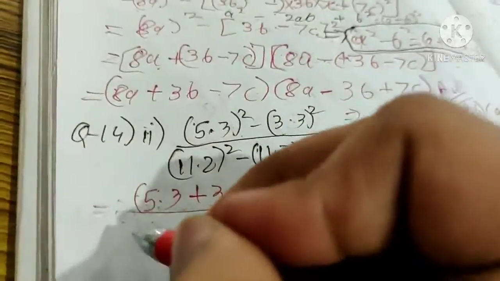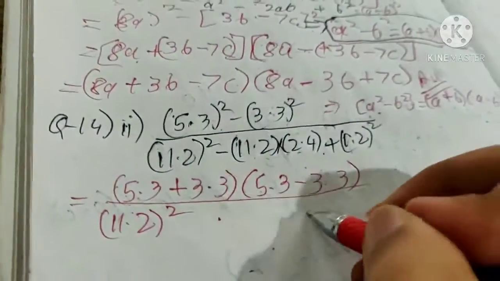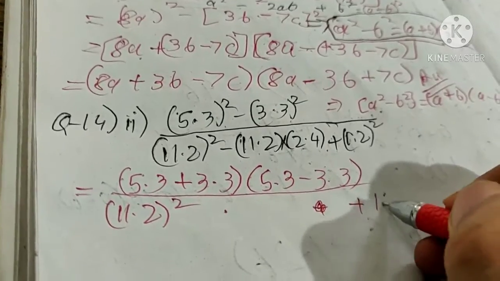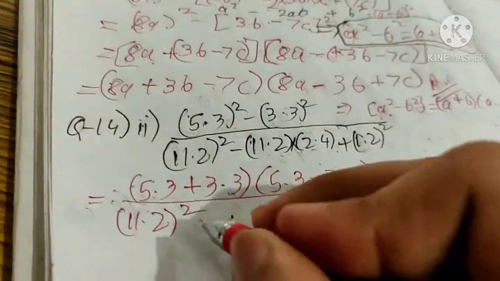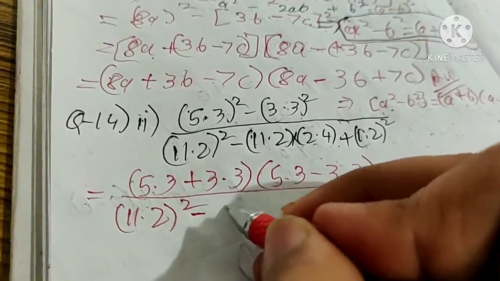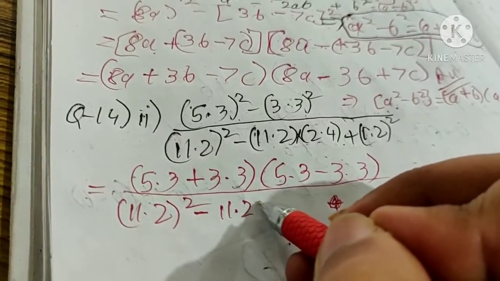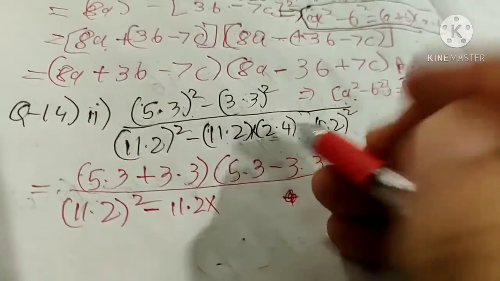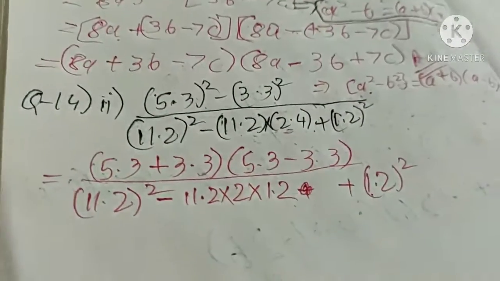Upon 11.2 to the power 2 plus 1.2 to the power 2, and minus, it is written like 11.2 into 2.4, and it is 1.2. If we expand it, if we break it, we can write it as 2 into 1.2.